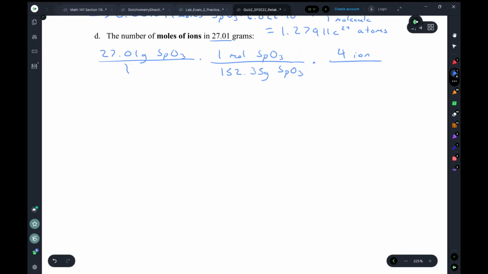And as last time, it's best to just visualize it, as there's going to be 4 ions over 1 mole of SpO3. The amount of moles is going to equal 0.17729 moles of SpO3 times 4 ions, which will equal 0.7092 moles of ions.